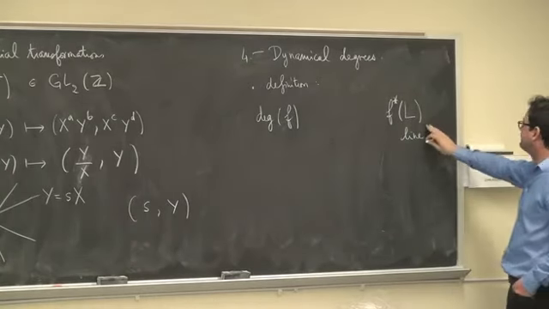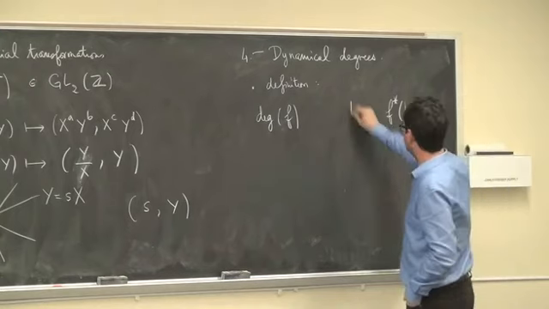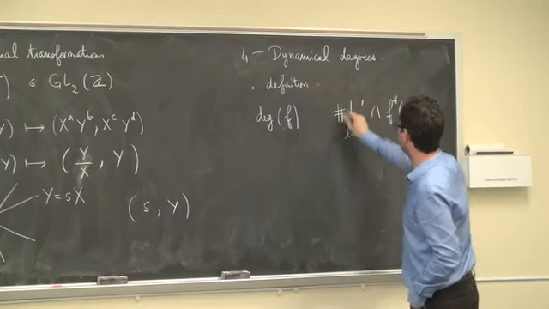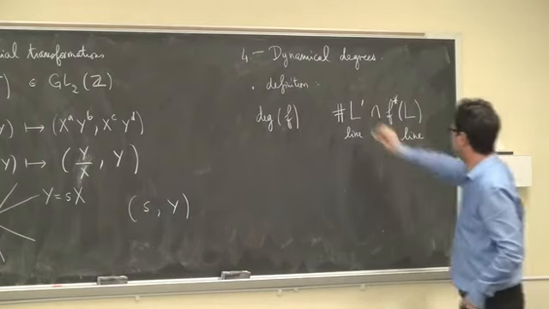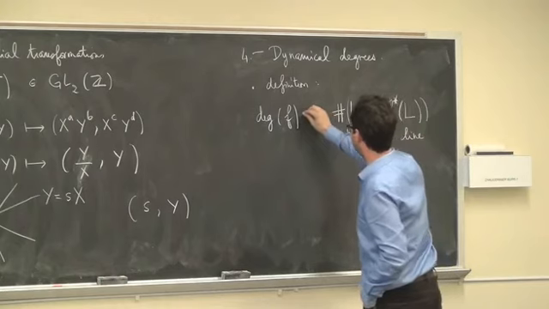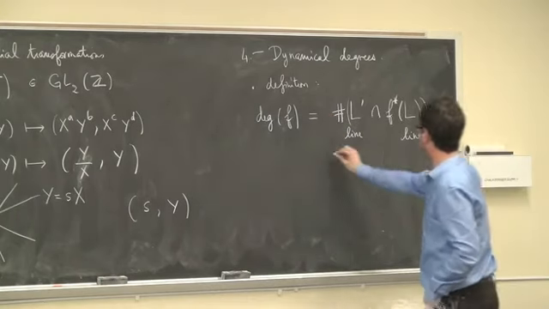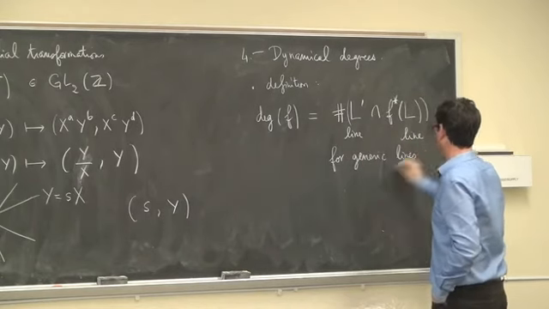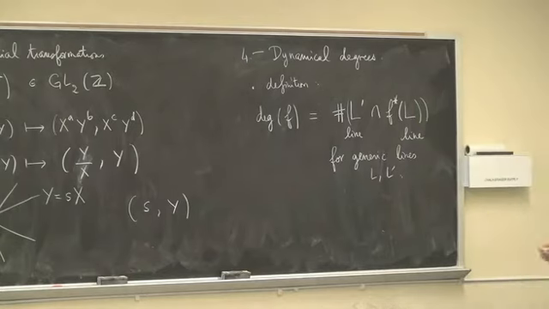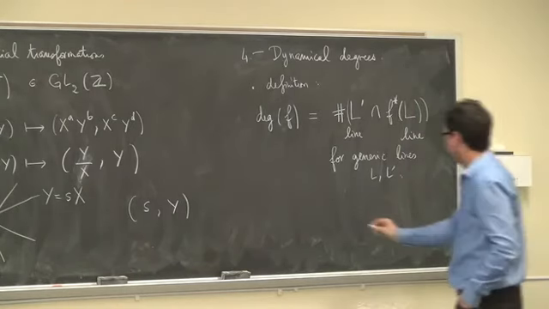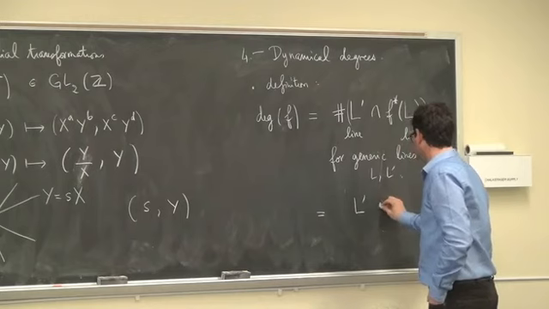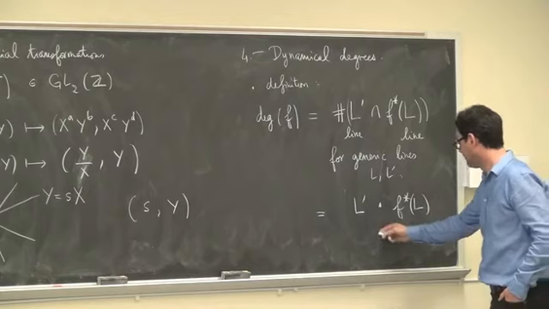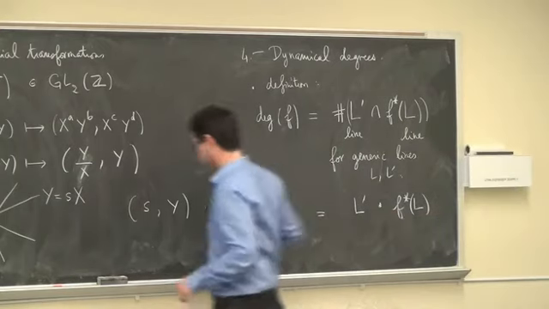It's an algebraic curve. Then you intersect it with another line and count the number of intersection points. That's the degree, for generic lines L and N. If you prefer, it's the same as this intersection using intersection theory, and I don't want to describe this dot.